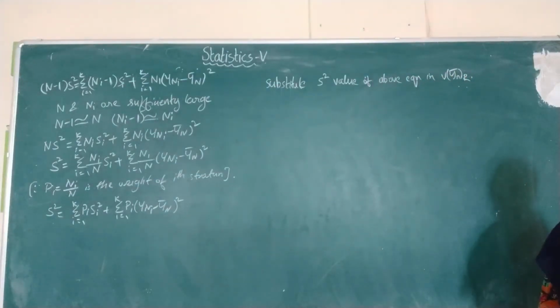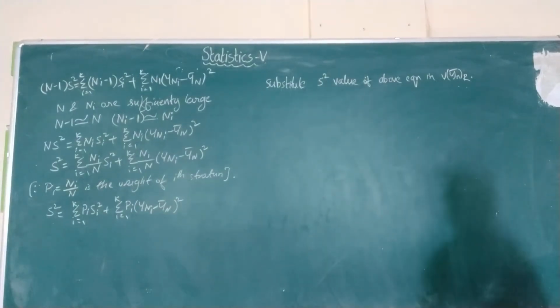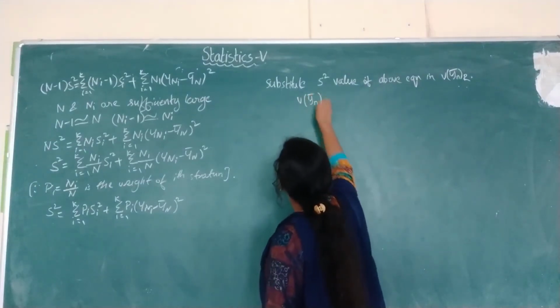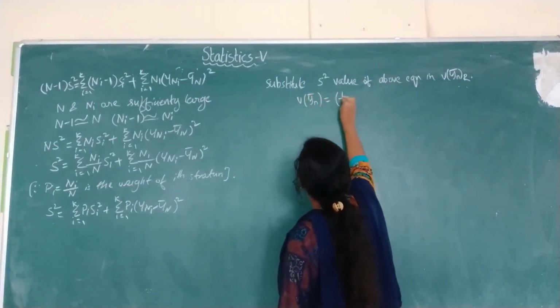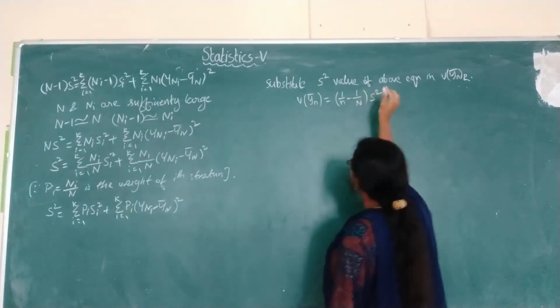What is the variance of y bar n under random sampling? Variance of y bar n equals 1 by n minus 1 by capital N into s square.